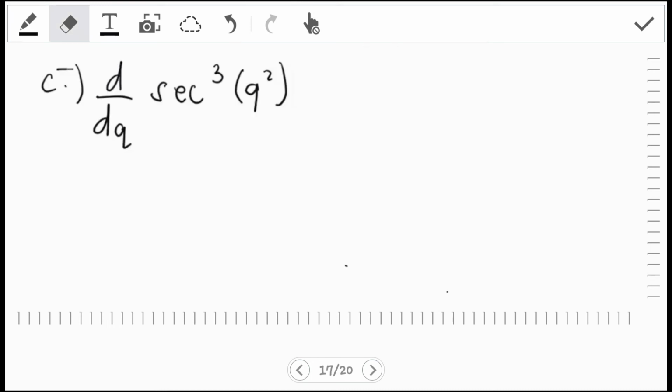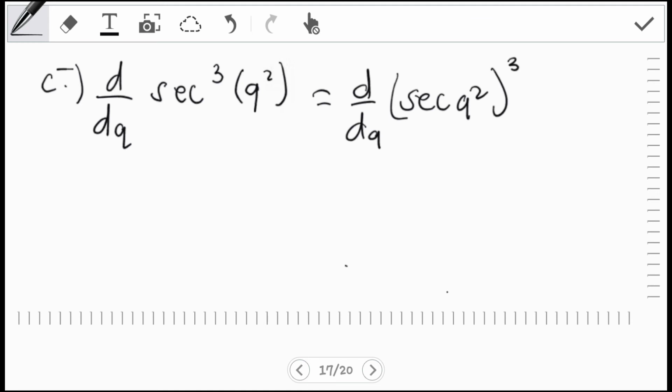Okay, so what is the equivalent derivative of d over dq of secant cubed q squared? We rewrite d over dq of secant q squared to the power 3, or the quantity of secant q squared to the power 3.